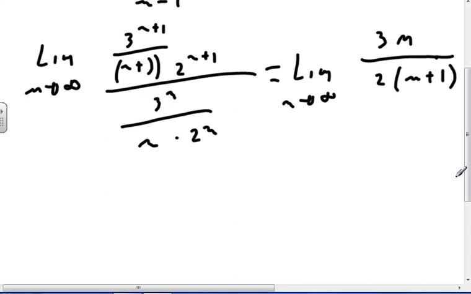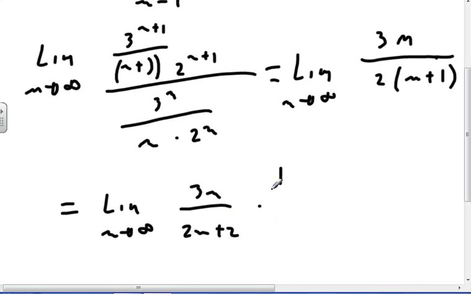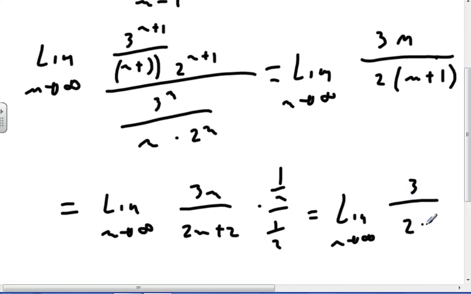Did I do that right? Okay, I'm going to invert and multiply, 3n over 2(n+1). And I'm going to have limit as n goes to infinity, 3n over 2n plus 2 times 1 over n over 1 over n, limit as n goes to infinity, 3 over 2 plus 2 over n, that goes to 0.